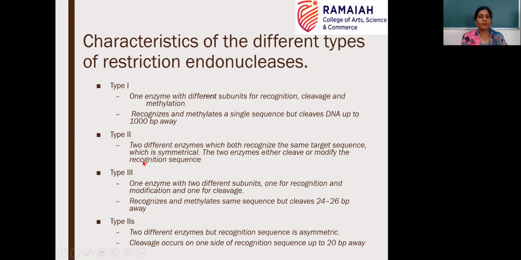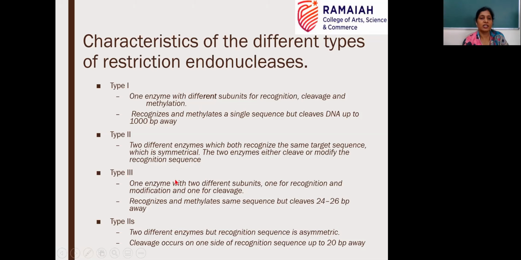Coming to the type 2, these type 2 enzymes recognize the same target sequence and here the recognition sequence is symmetrical. And it occurs as 2 different enzymes. One is for cleavage, the other one is for methylation. They either cleave or modify the recognition sequence. Don't worry, a little bit more we are going to discuss in the upcoming slides.